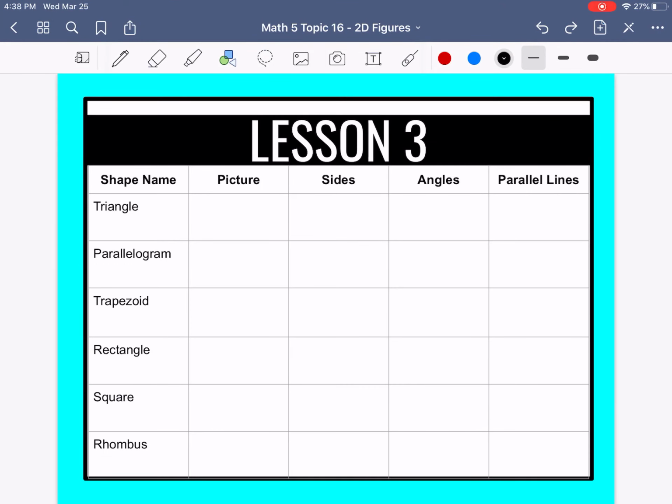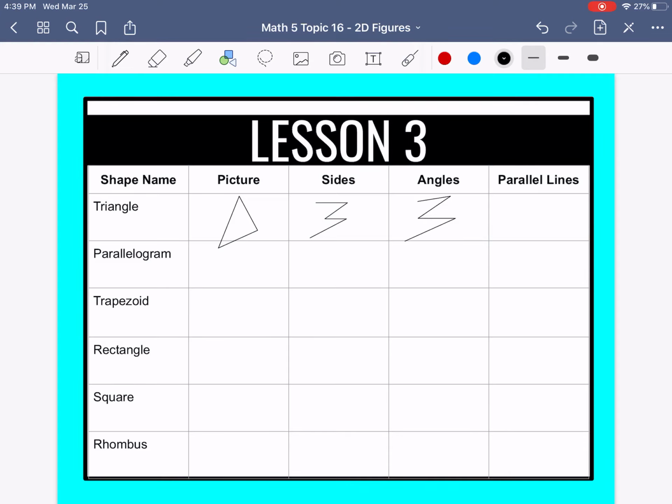Okay, so for instance, a triangle, we're going to just draw the picture in. Okay, there's a triangle. Nothing fancy. It has tri, so that means how many sides does it have? That's correct. It has 3 sides. How many angles does it have? It also has 3 because all 3 of these add up to 180 degrees.